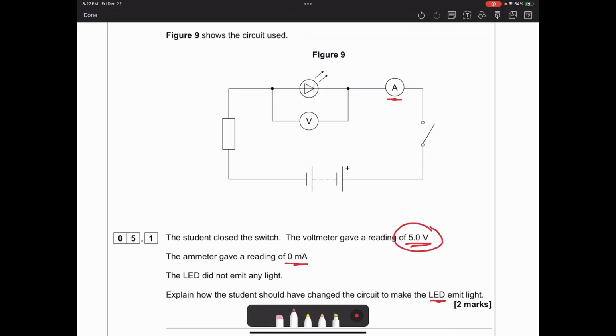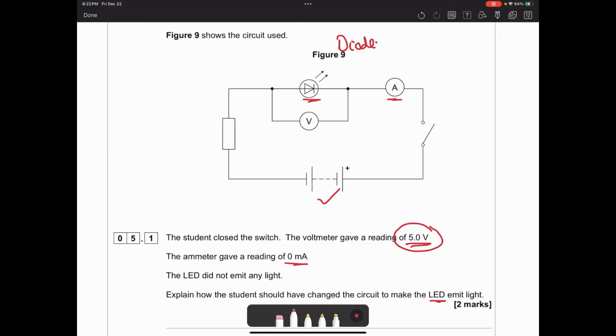So you've got to be thinking, I've got voltage, so there's nothing wrong with my cell or battery, that's working, but I'm not getting any current around my circuit. What might be causing the current to not be going around my circuit? Well, the fixed resistor would be reducing it, yeah, but that's a fixed resistor, nothing we can really do or change about that. What we can change though is our LED itself, because remember, even though it's an LED, it's still a light emitting diode.